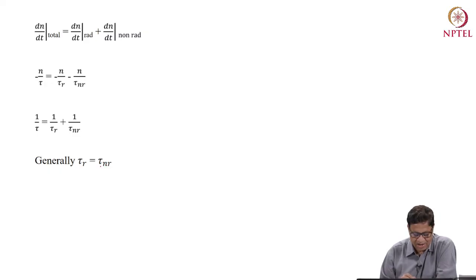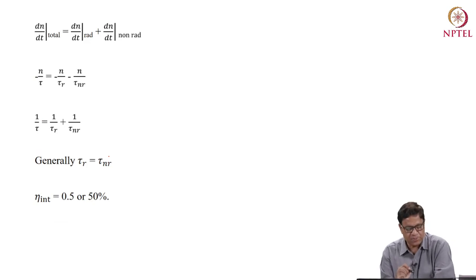If I calculate the efficiency by putting these values in the eta internal expression, I get 0.5 or 50%. That means only 50% of the energy is radiatively emitted. The other part is not radiated, it is absorbed or lost in the device. So the internal efficiency for a typical diode is of the order of 50%.